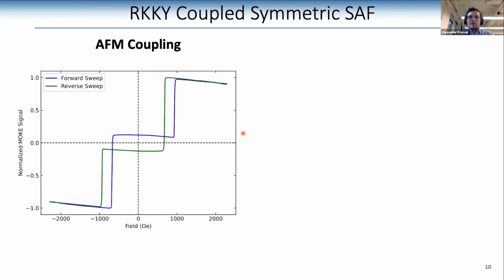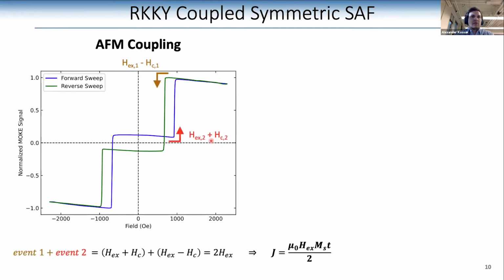So in a typical experiment, what you want to do now is measure the RKKY coupling as a function of the ruthenium thickness. And traditionally, for a symmetric synthetic antiferromagnet, where you have two symmetric coercivities and saturation magnetizations of your layers, you would just take the first switching event and the second switching event to find the exchange field, and you can use the exchange field along with your saturation magnetization and thickness in order to get your exchange coupling constant J. And that's for when it's antiferromagnetically coupled layers.